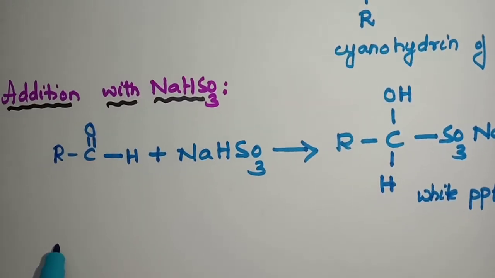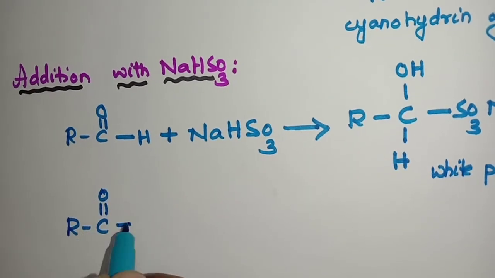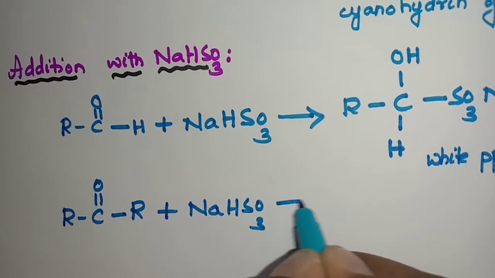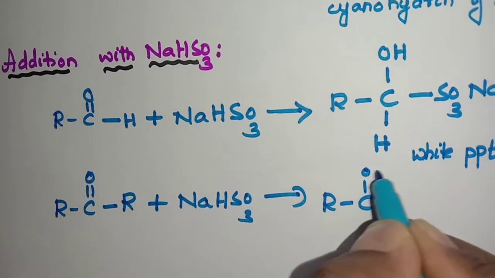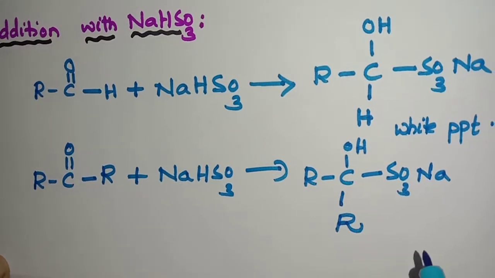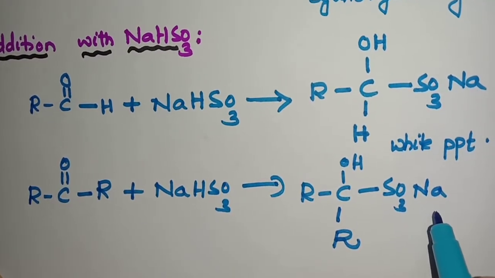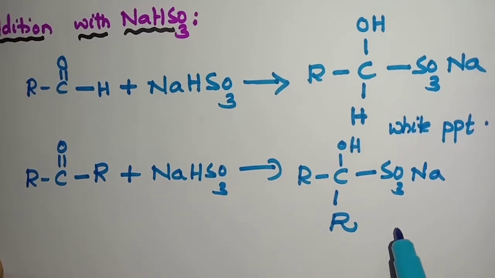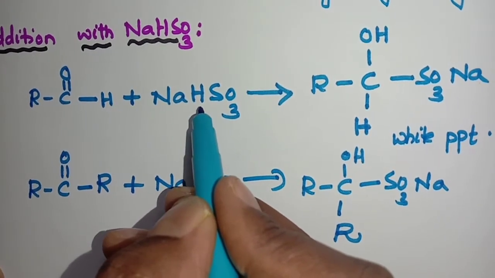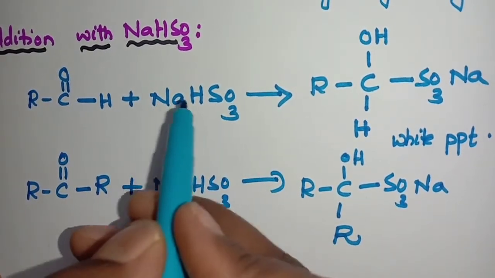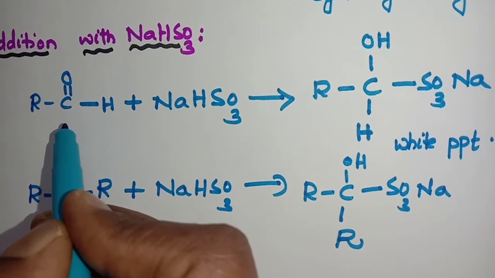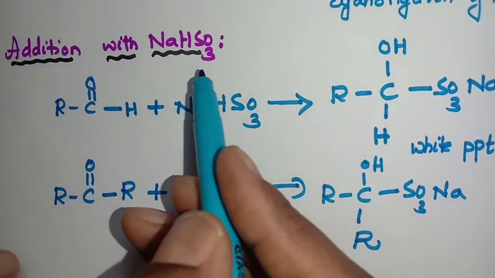Next, coming to ketones, R C double bond O R plus NaHSO3 gives rise to R C OH SO3 Na, here R. Okay, this is sodium bisulfite derivative of a ketone. This is also in the form of a white precipitate. Okay, so this dissociates into H plus and SO3 Na minus. So H plus goes to oxygen and SO3 Na minus goes to carbon. So that is the reaction with sodium bisulfite.